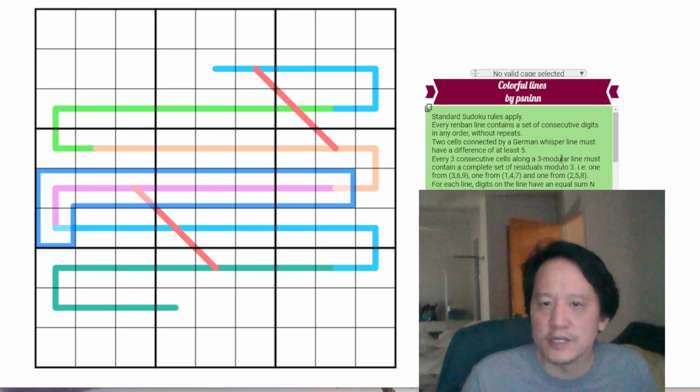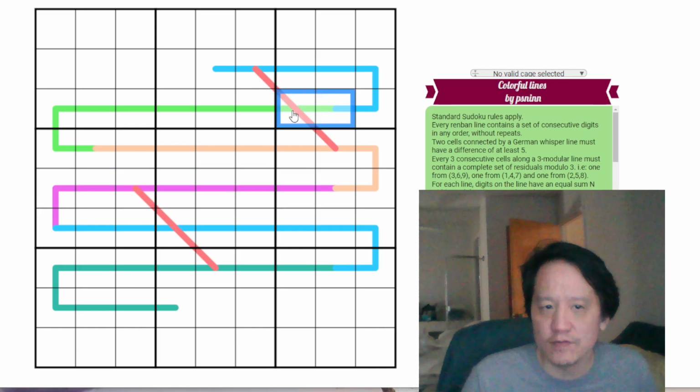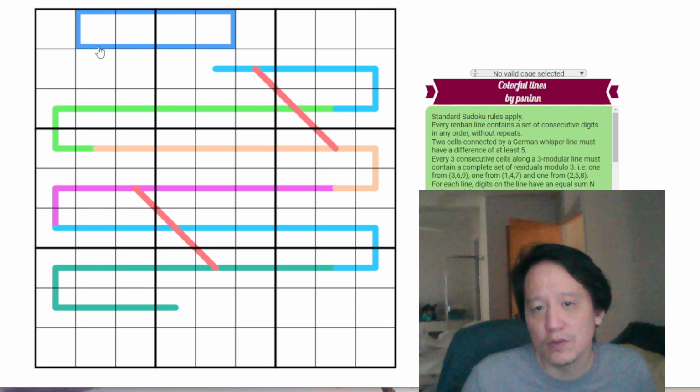Two cells connected by a German whisper line must have a difference of at least 5. Sorry. So say we had a Renban line of length 5. If there was a 1 on it, that would mean we know that the other 4 digits on that line would have to be 2, 3, 4, 5.